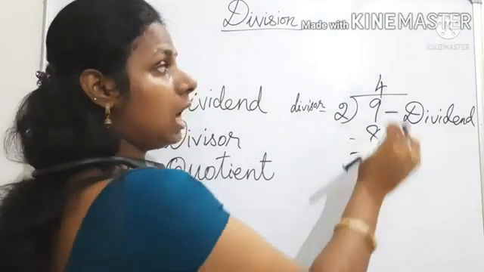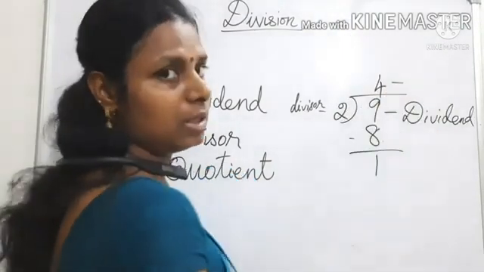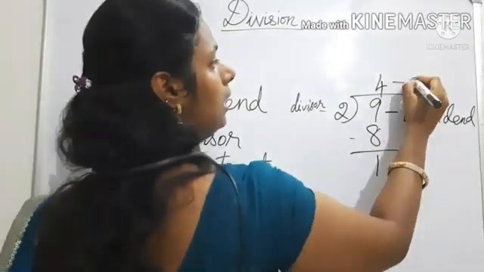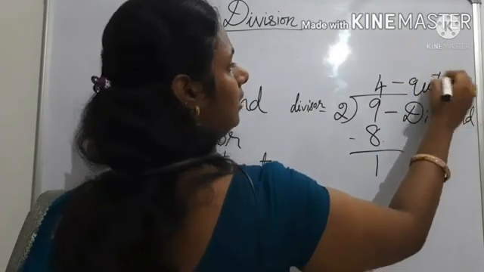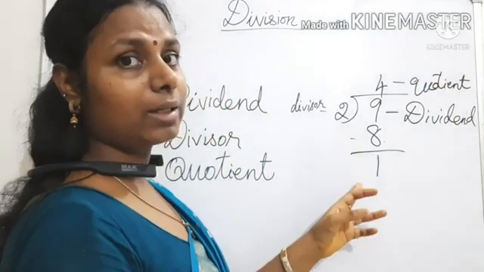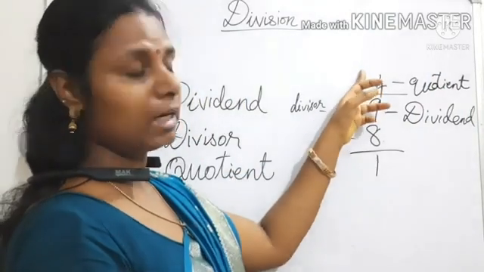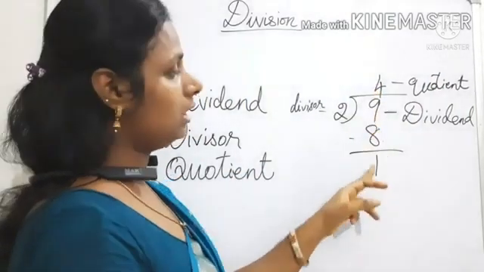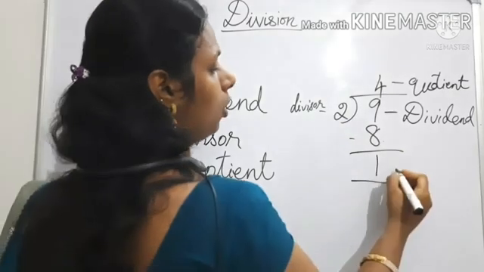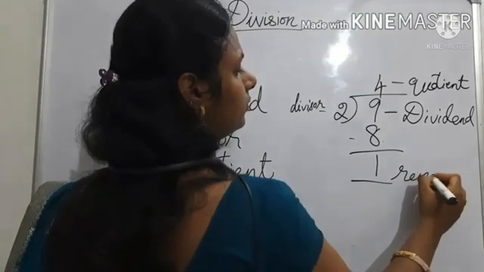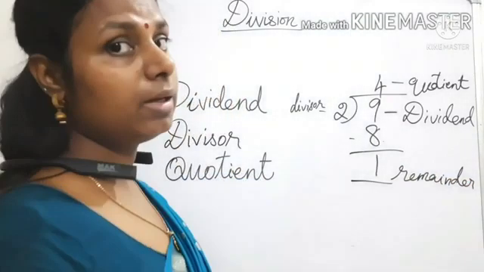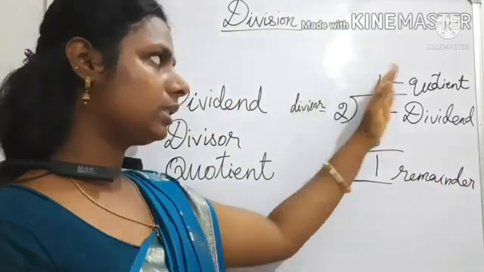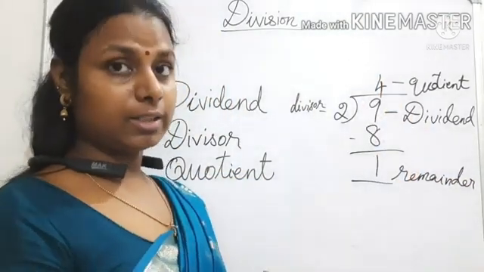The answer we get, that is quotient. After subtracting the product of divisor and quotient from the dividend, what we get is called remainder. Okay, all these things you have learned in 3rd standard.